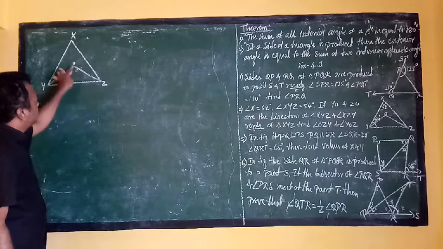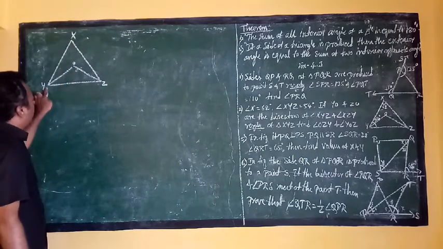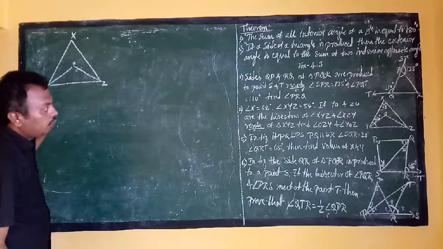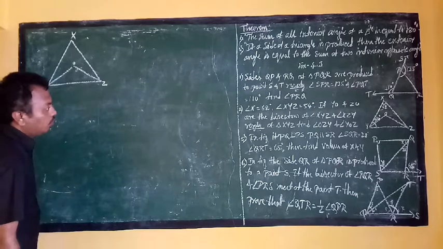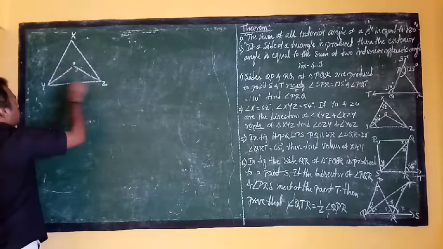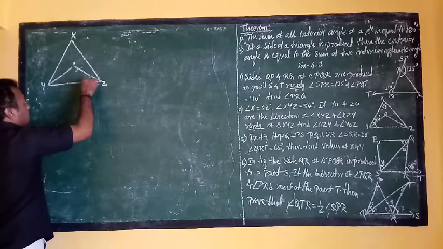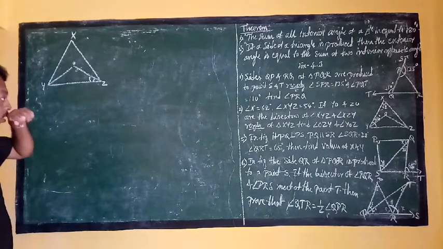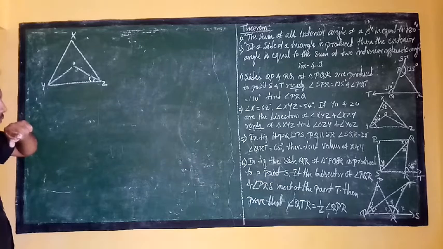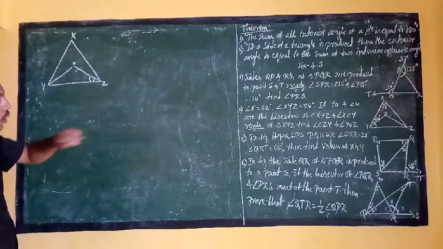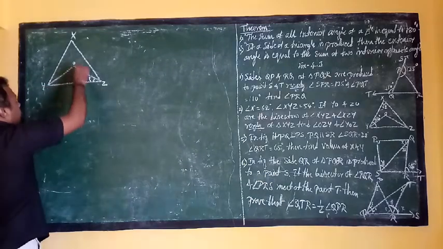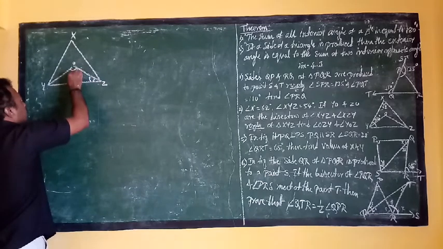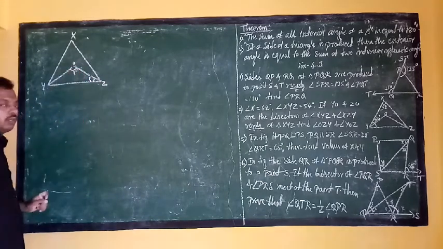ZO is the bisector of angle XZY. Now we want to calculate OZY. This angle is the question mark. And another one, YOZ. This angle is also a question mark. So two angles we want to calculate.